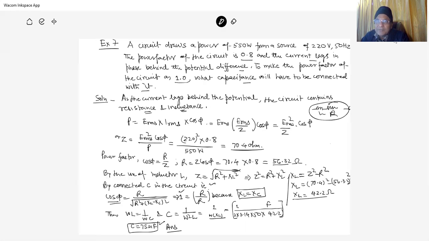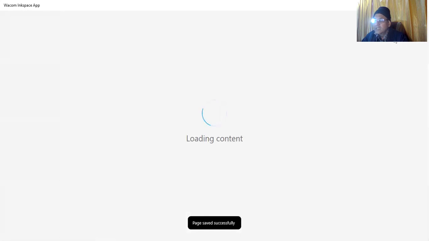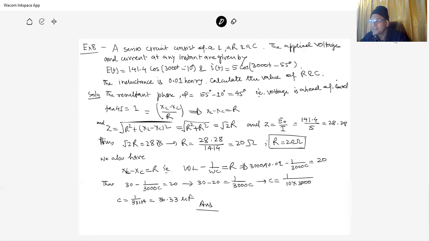So in this circuit, if you want to increase the power factor, you have to add a capacitor to the circuit, and that makes the power factor 1.